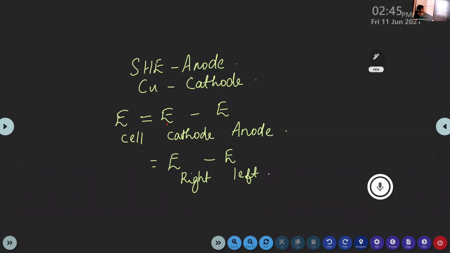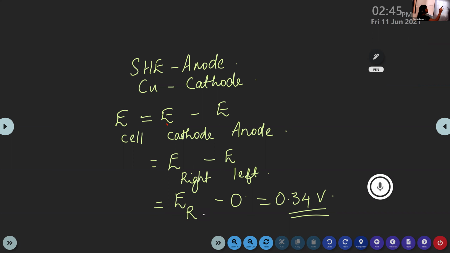Isn't it? So here, after this chemical reaction, we got 0.34 volt. The standard hydrogen electrode value is 0, so we only need to mention E R, that is 0.34 volt.